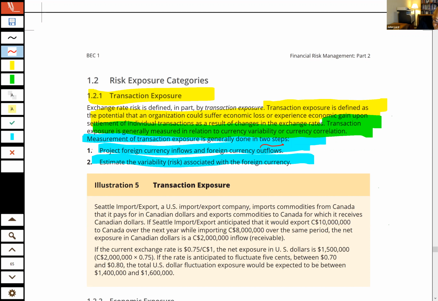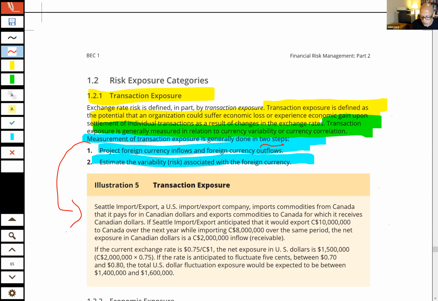let's come down and look at this example and see if we can glean the 2 steps here. Seattle Imports, a U.S. import-export company, imports commodities from Canada that it pays for in Canadian dollars, and exports commodities to Canada for which it receives Canadian dollars.